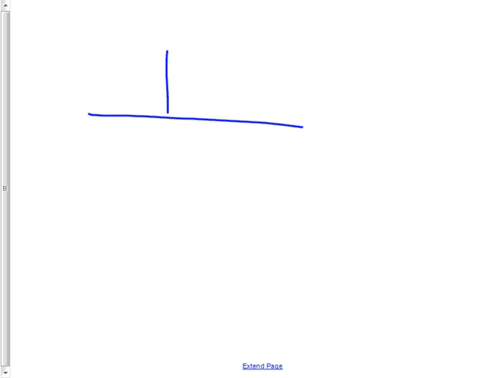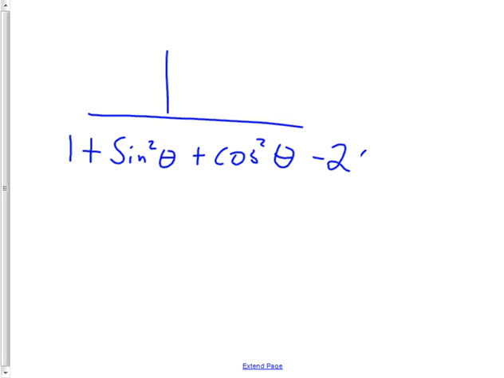Whenever you end up with a whole bunch of stuff like on the bottom, let's say a 1 plus a sine squared, and then plus cosine squared, and then minus 2 sine squared, and then maybe a plus 1. Okay. Can you find anything in there that could be rearranged and therefore go together and therefore work really nice?